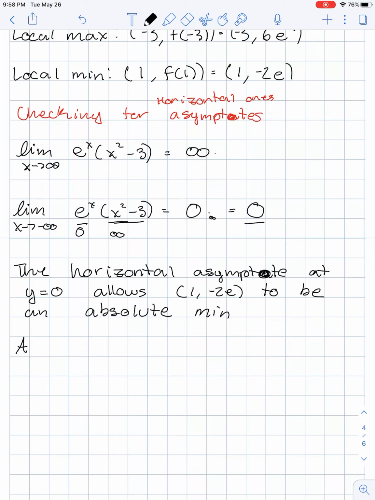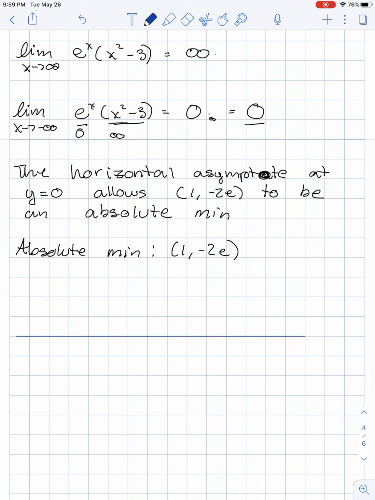All right, so now I have an absolute min at 1, -2e. Perfect. Another way to have done this, if we didn't have the knowledge of horizontal asymptotes, is to plug in a really big x value on the negative end and the positive end, like 100 or -100. On tests and quizzes, you aren't going to be able to use your calculator, so that's why you have the knowledge of horizontal asymptotes.